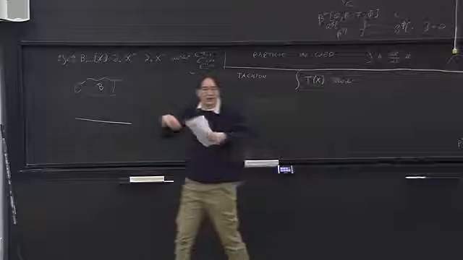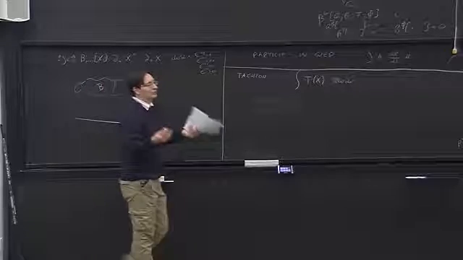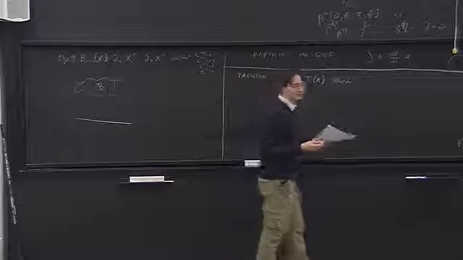So the beta function for every coupling you introduce in your action has to vanish. And this gives you the equations of motion for the corresponding field.